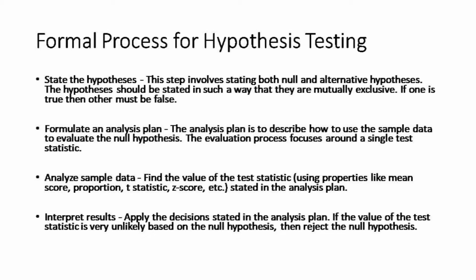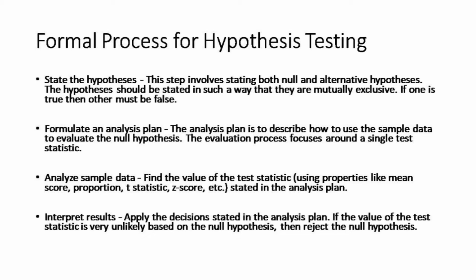Then we go on with formulation of an analysis plan. The analysis plan is used to describe how the sample data is taken up to evaluate the null hypothesis. The evaluation process focuses around a single test statistic. For example, in the previous example, we focused on population proportion.